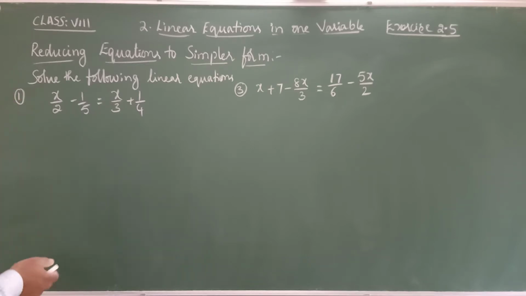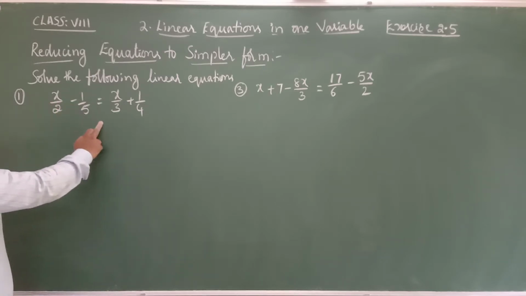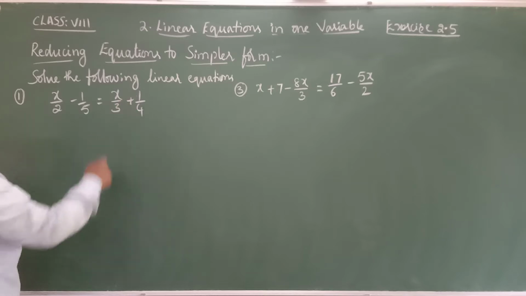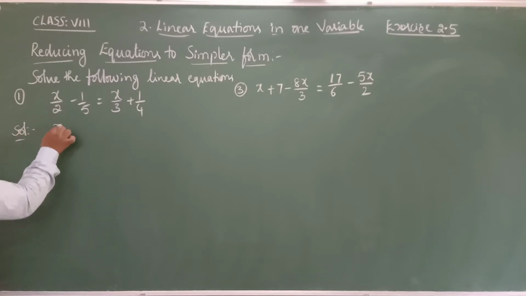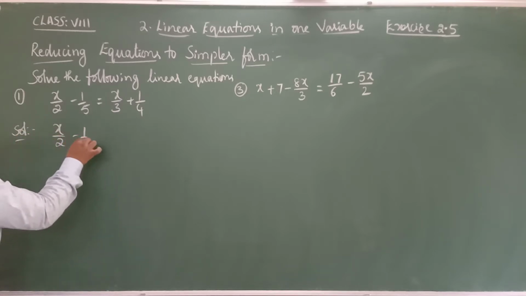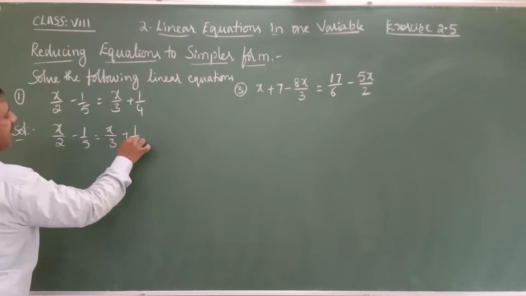We will do it now. So first, from exercise number 2.5, x by 2 minus 1 by 5 is equal to x by 3 plus 1 by 4. Here all are in the form of fractions. So first thing, we have to transpose the variables to one side and the constants to the other side.